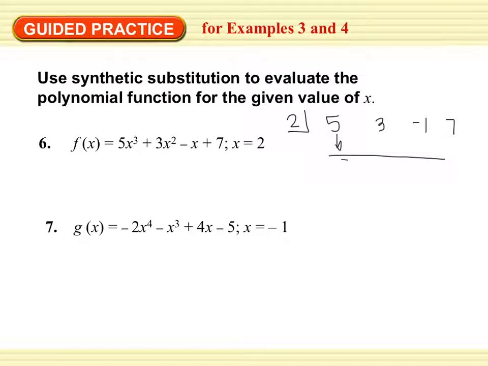I bring the 5 down, I multiply and add, I multiply and add, and I multiply and add. So I got 43. Hold on. Apparently I can't add. Not sure what I was thinking.